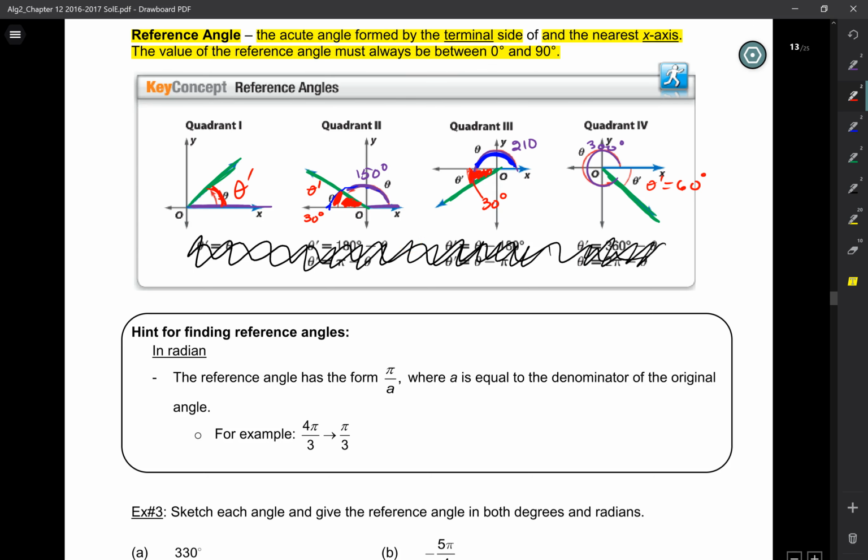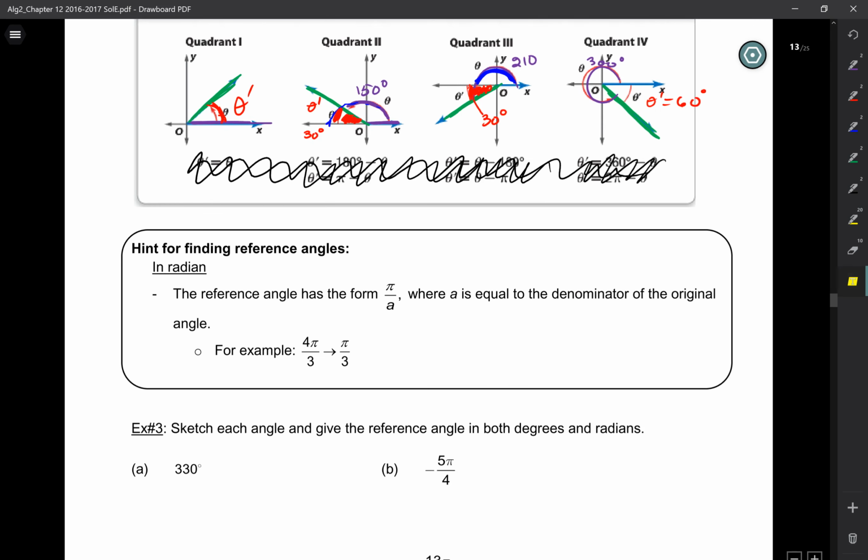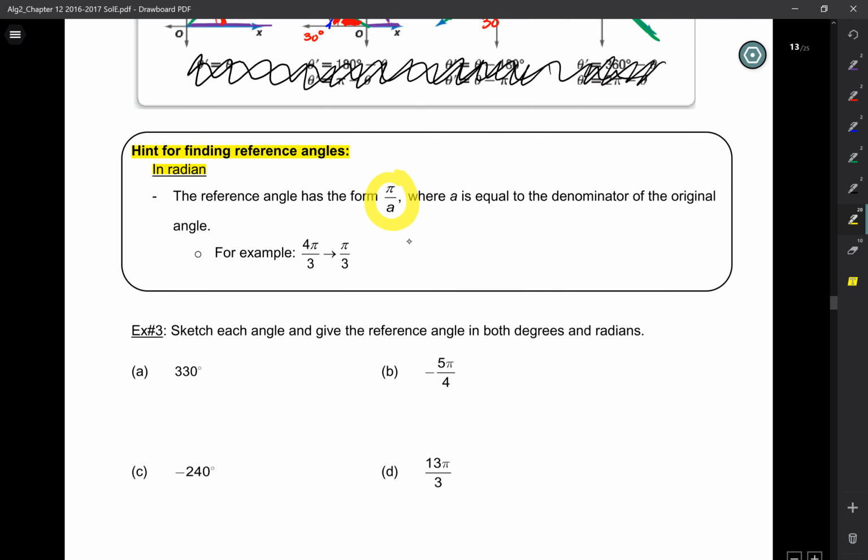How about when it's in radian? Here it is. In radian, the reference angle always looks like this, pi over a number, always. And that number, so basically, if the angle is 4 pi over 3, the reference angle is always pi over 3.